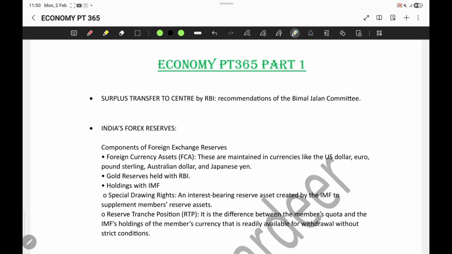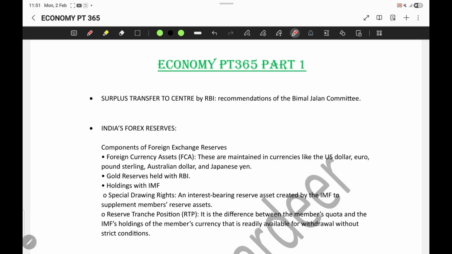So we will focus on the maximum revision of the PDF, which covers all the three parts. Without any delay, let's start and get into this economy PDF.